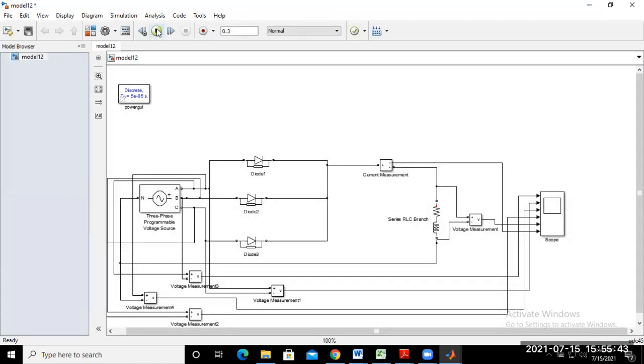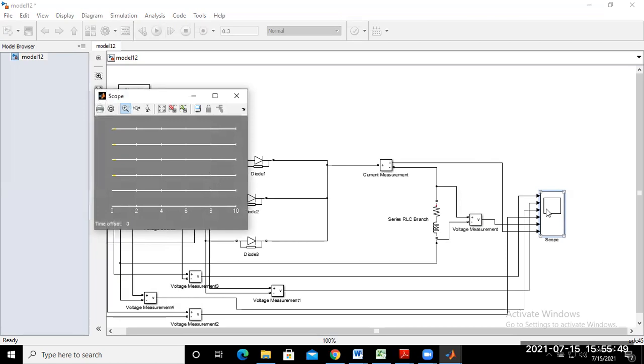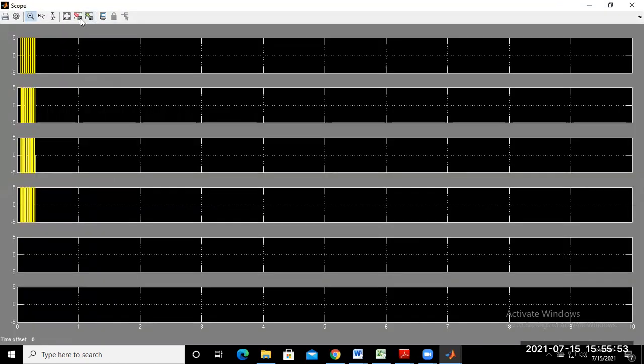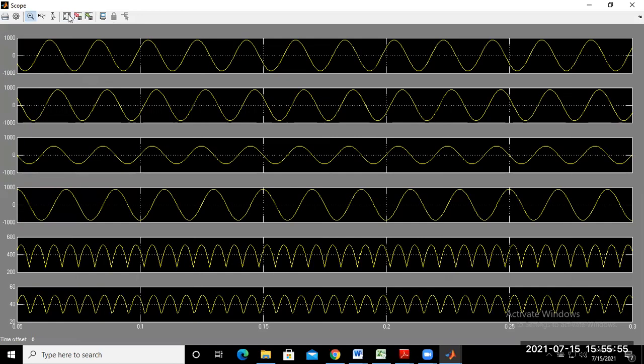So you may check your output voltage. So this is the scope. Again go to auto scale, so you may check the output voltage.